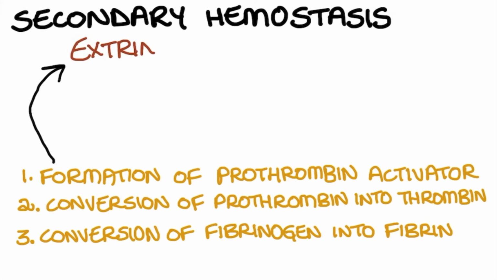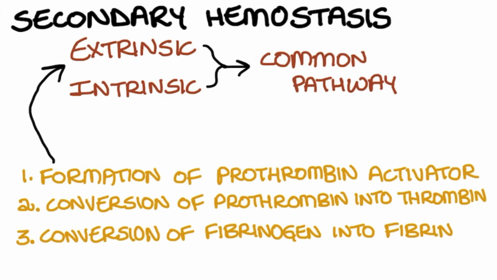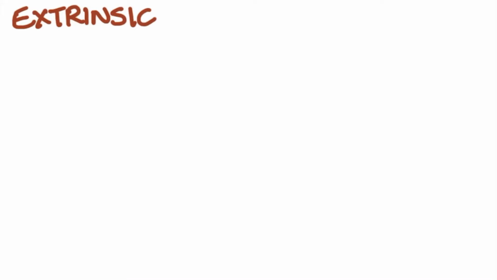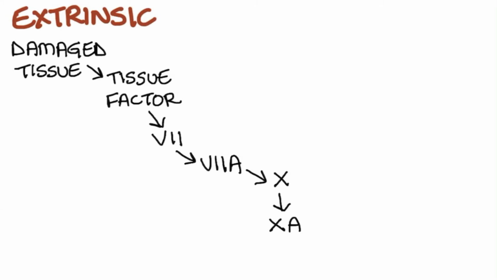It can occur by extrinsic and intrinsic pathways. Both these pathways eventually merge into a common pathway. The extrinsic pathway begins when damaged tissue releases tissue factor, that is factor 3. Then factor 7 becomes activated to 7A. Factor 10 gets activated to 10A.